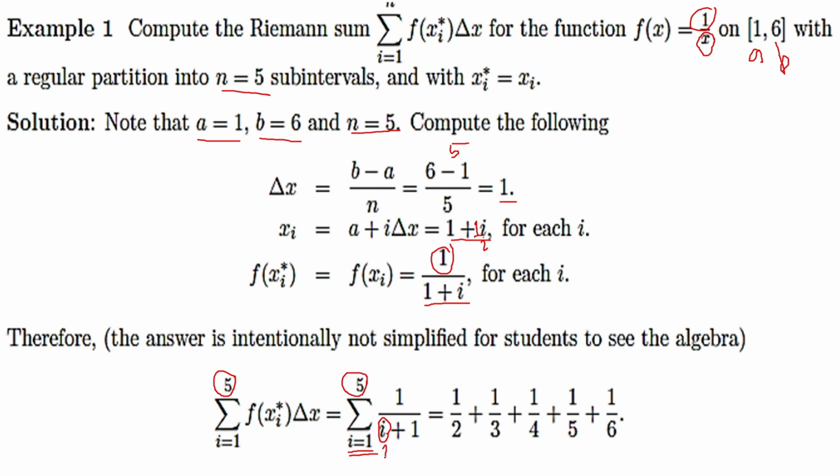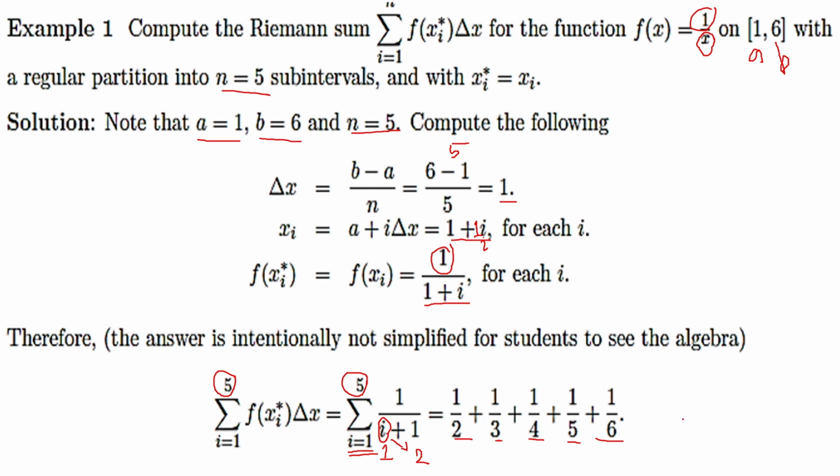1 plus 1 is 2. Next, plus 1, 2 plus 1 is 3. Next, 3 plus 1 is 4. 4 plus 1 is 5. 5 plus 1 is 6. Therefore, this is your algebra.